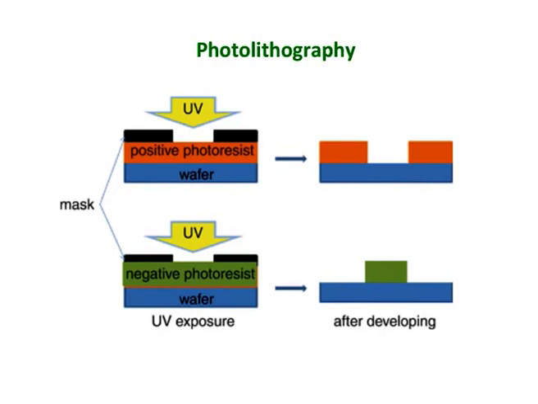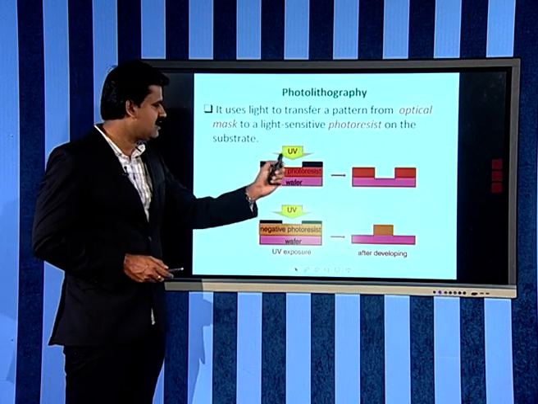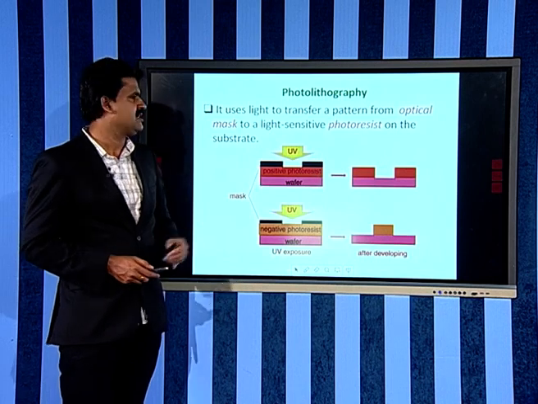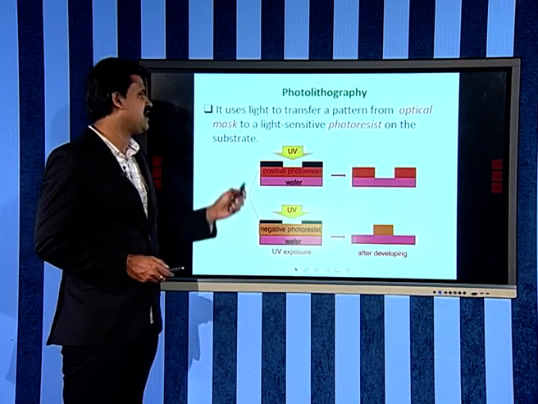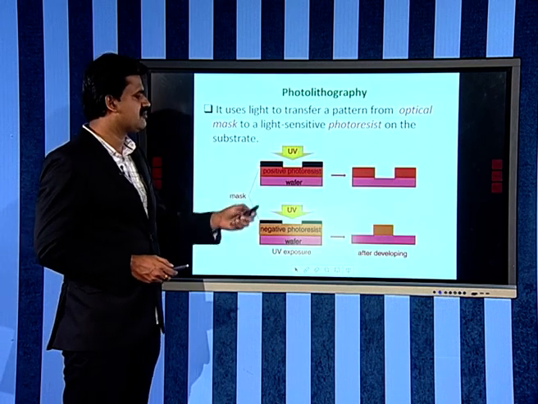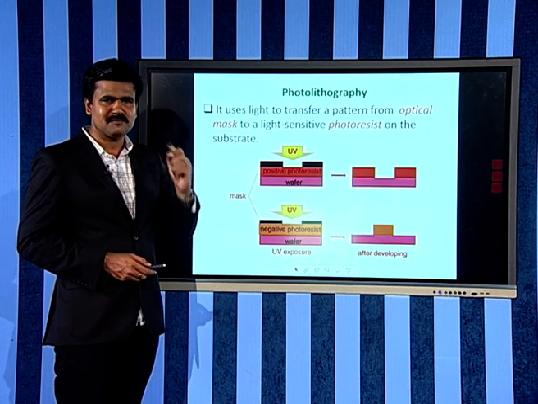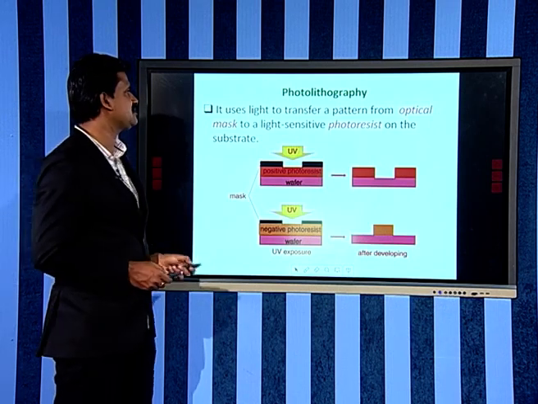The photoresist is placed on a wafer. Wafer simply means the substrate. The positive photoresist is removed after UV irradiation, whereas if the photoresist is a negative one, it will be retained after developing. That is, the photoresist may be either positive or negative. Both will ultimately lead to the formation of nano-sized materials by using high energy photons.